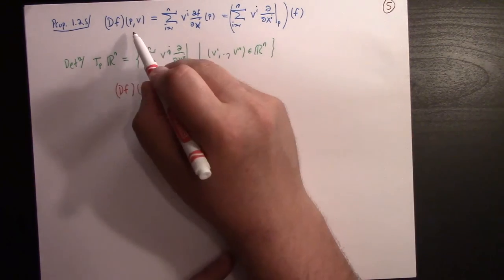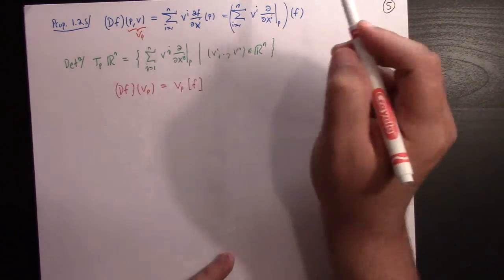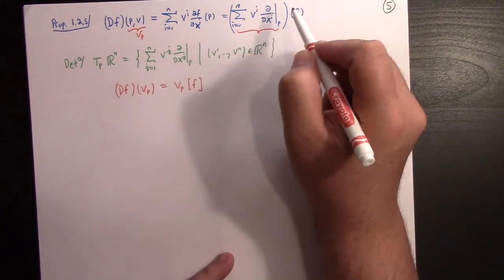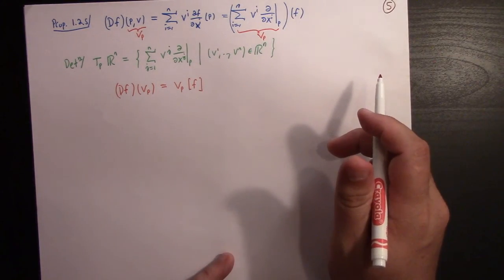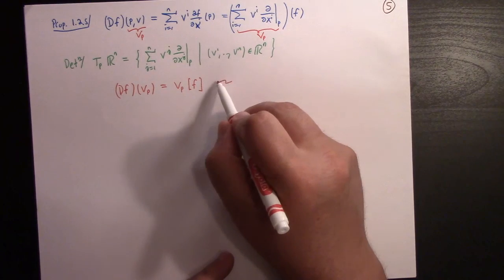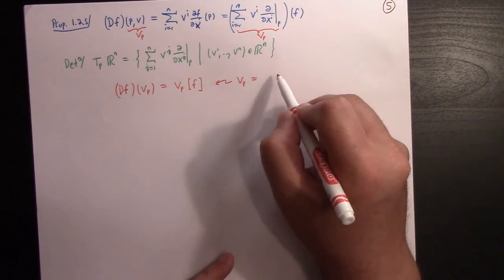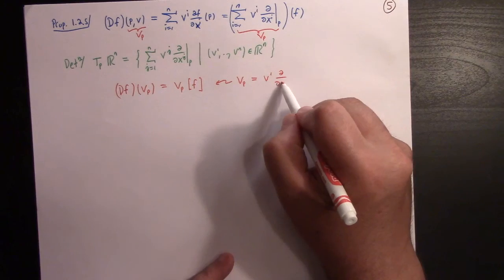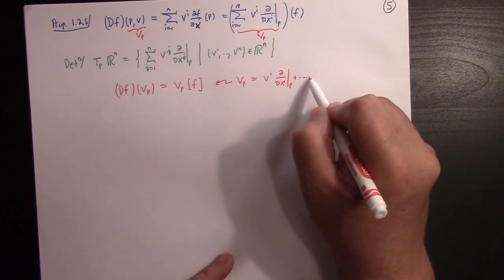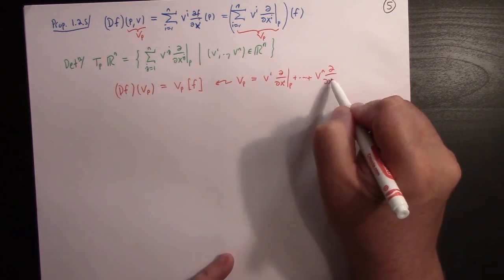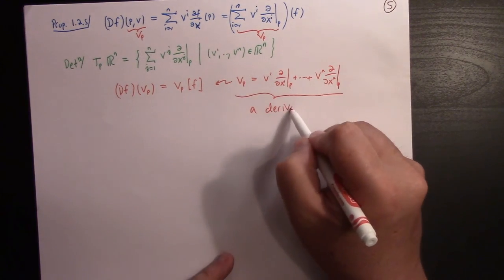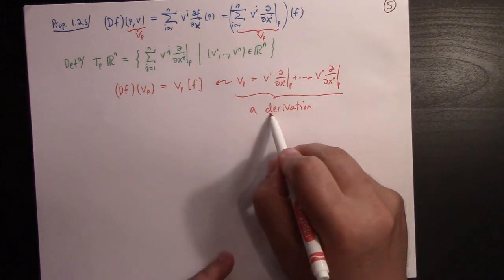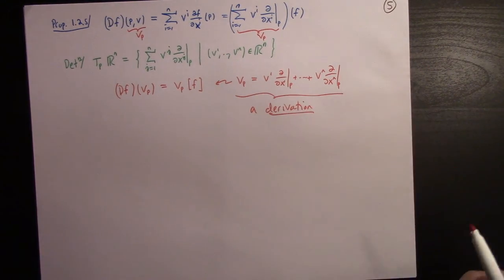See, if you think of this as being v attached to P, this operator then is what we're calling the vector attached to the point P now. So such a V p, you know, v 1 partial x 1 at P and so forth, is an example of what's called a derivation. It's a derivation on the set of smooth functions, okay, that go through the point P.